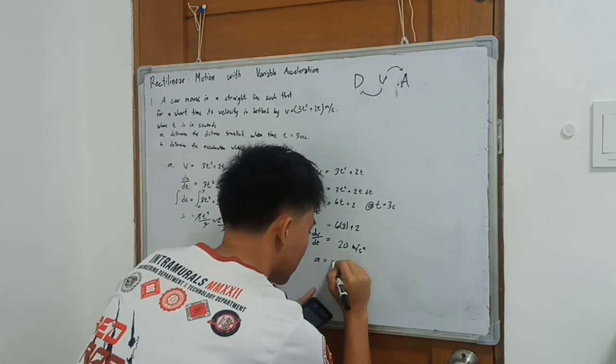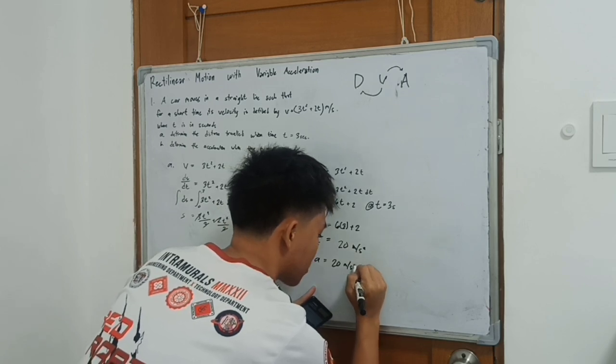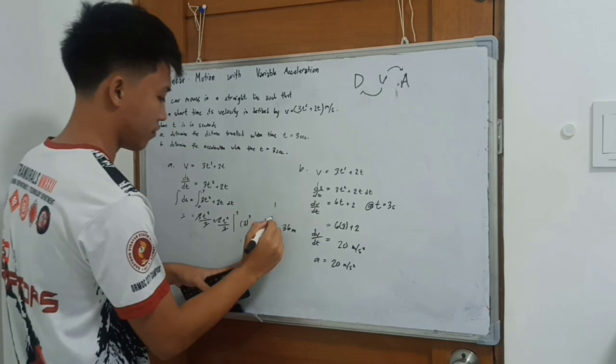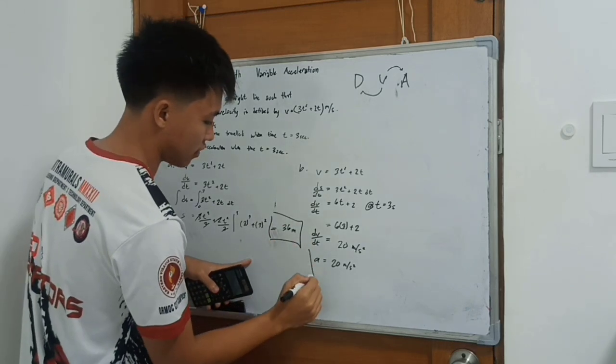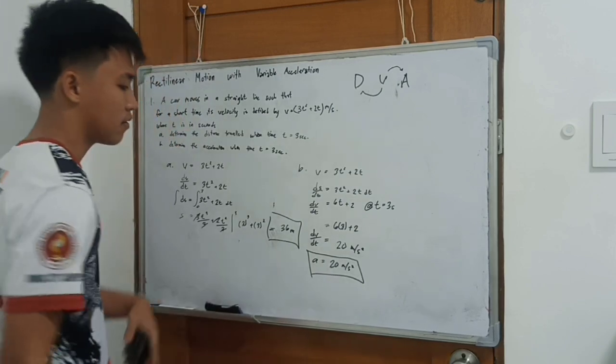A is equal to 20 meters per second squared. That's our final answer for this problem.